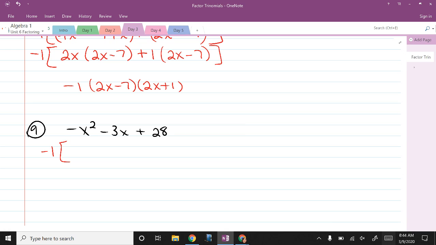Y'all need to make sure you're writing this. So change all my signs. Okay, y'all look. Now in my parentheses, in my bracket, do y'all see that the leading term is 1? And didn't we do leading term is 1 Friday?